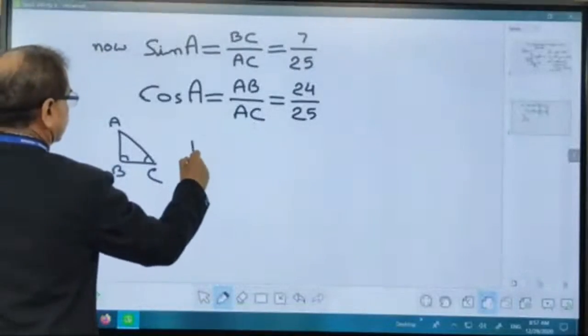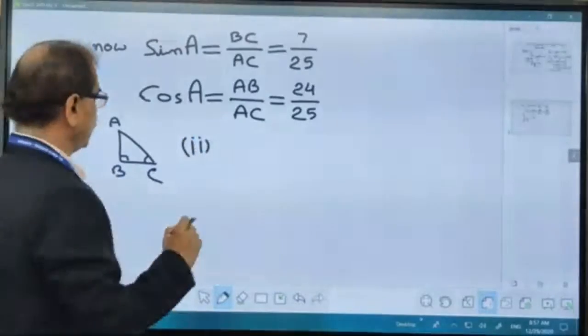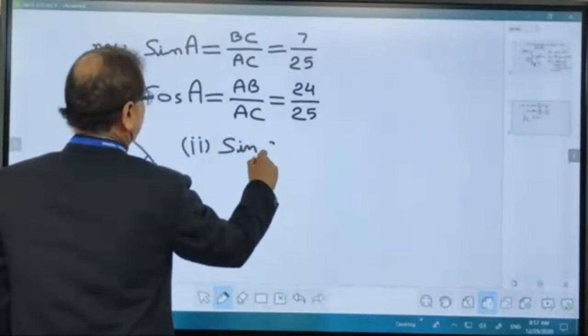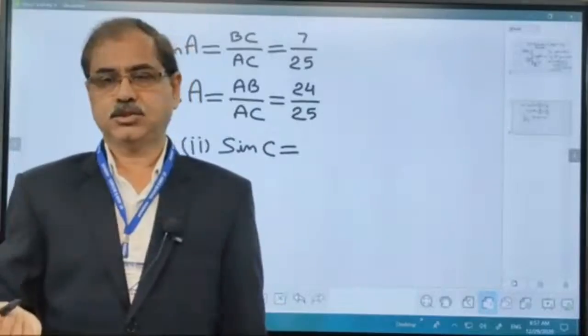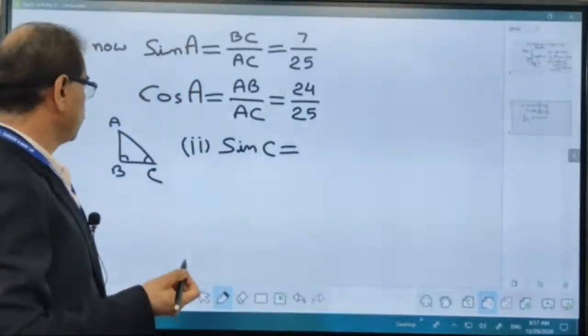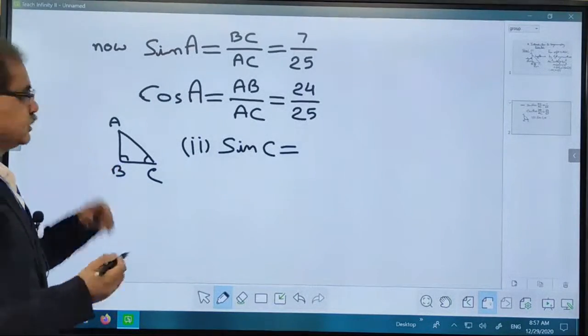Now in the second part we would like to find out sine of angle C. Sine, it is ratio of opposite side to hypotenuse. Now which one is our opposite side according to our diagram?